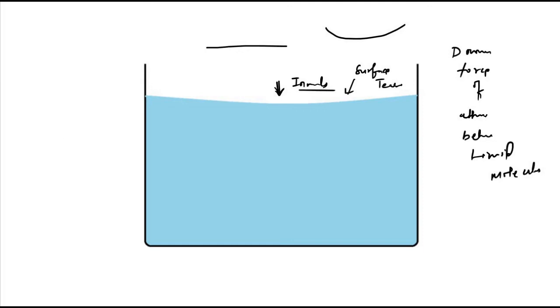Let us say we have two cases: all the molecules which are within the liquid, that is within the container, and the molecules which are at the surface. It is because of the molecules at the surface that this surface tension phenomenon is there.